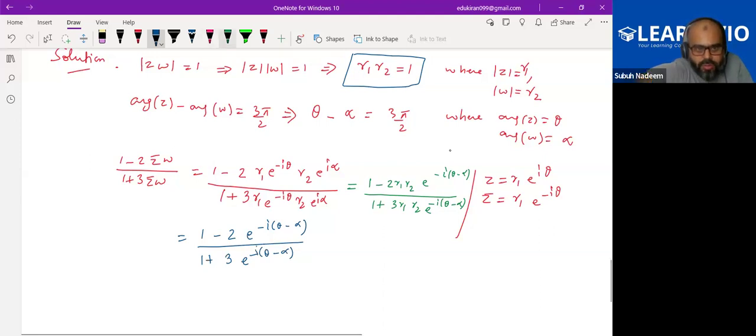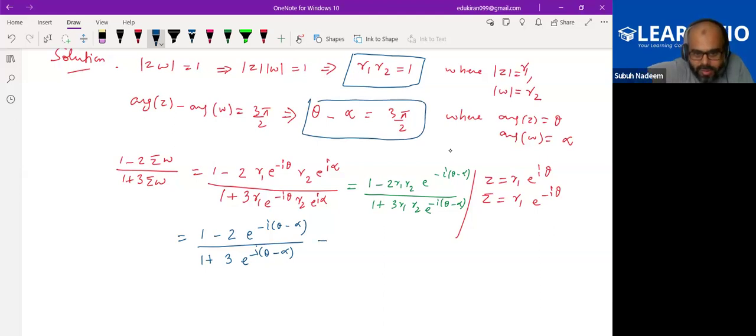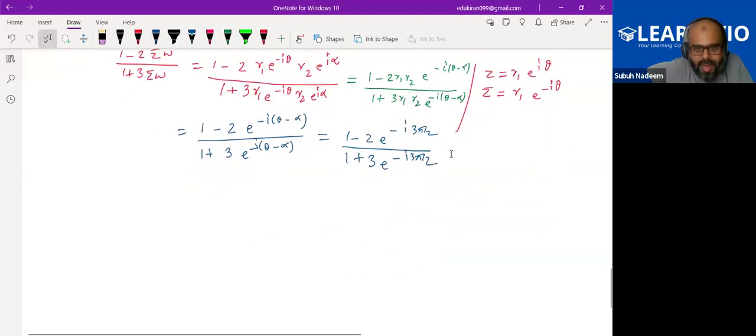That also we know. Theta minus alpha is equal to 3 pi by 2, right? So we can write it as (1 minus 2 e to the power minus I 3 pi by 2) by (1 plus 3 e to the power minus I 3 pi by 2). Now what is e to the power minus I 3 pi by 2? It means cos 3 pi by 2 minus I sine 3 pi by 2.